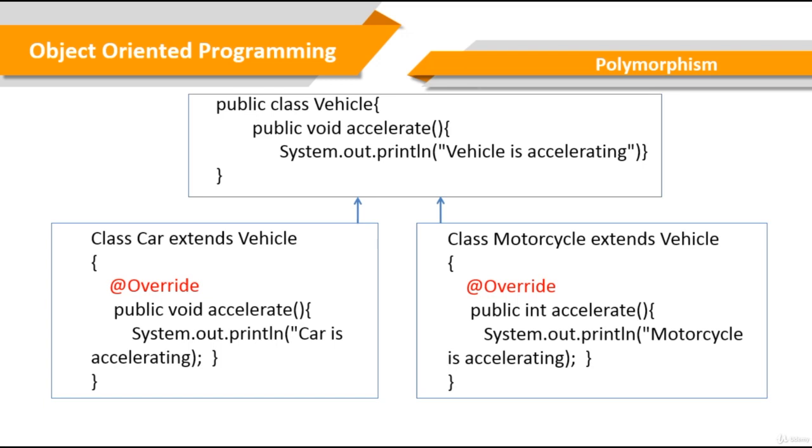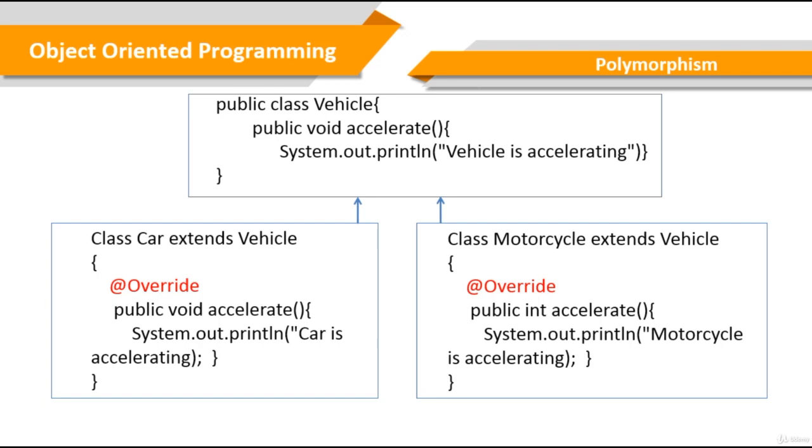So when we create an object of the subclass and then assign it to the superclass reference, if we call the overridden accelerate method on the superclass vehicle reference, then the overridden method of the subclass will be called.